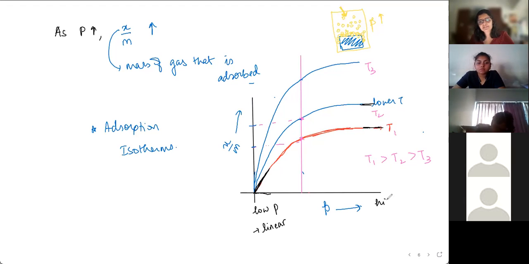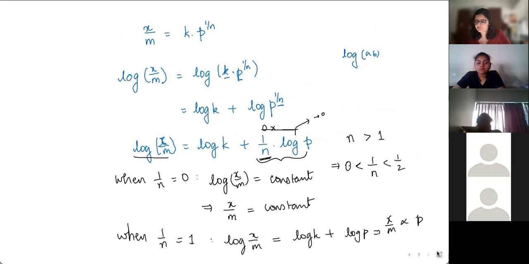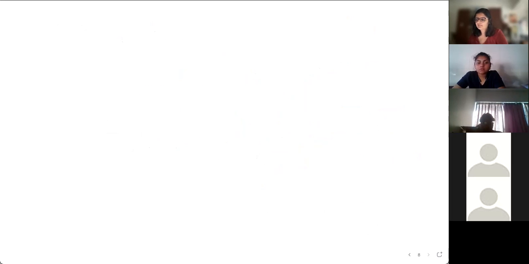So at low pressure it is almost a linear relationship, and at high pressures the adsorbent becomes saturated. The quantity that is adsorbed will remain constant. It won't change with pressure. It becomes independent of pressure. That's the physical significance of it. So I'll just write it down here.